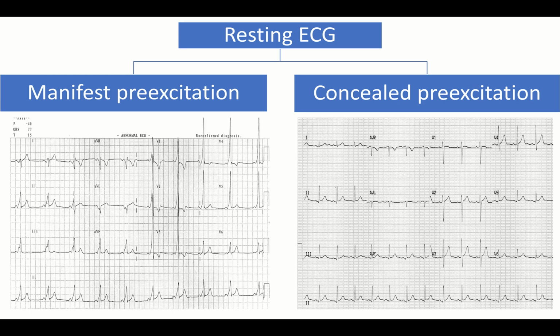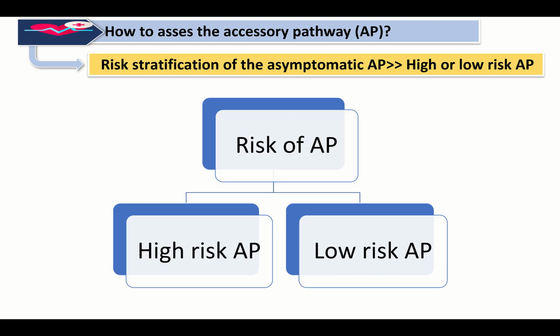Looks as if normal ECG, no evidence of accessory pathway. And we know later when we assess the EP study, we found the accessory pathway but no antegrade conduction. Let's go to a common scenario, great golden rule, when we have a patient presenting with asymptomatic accessory pathway.